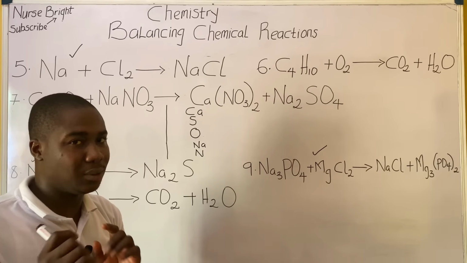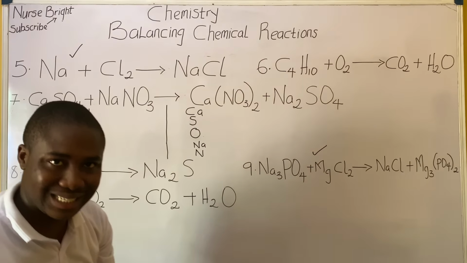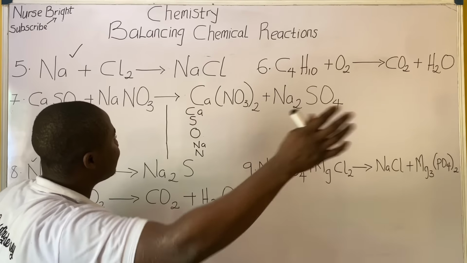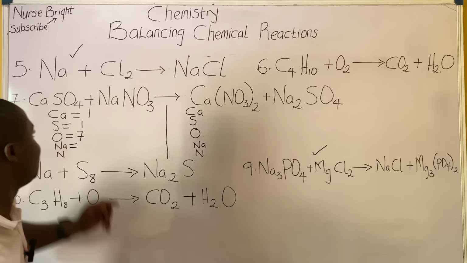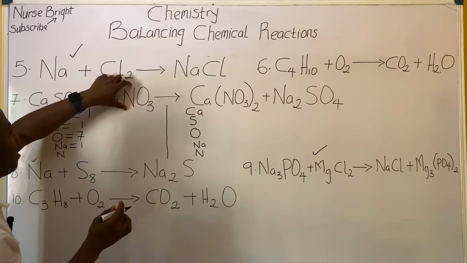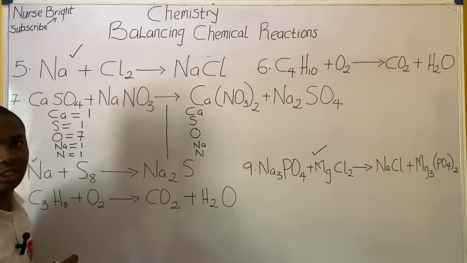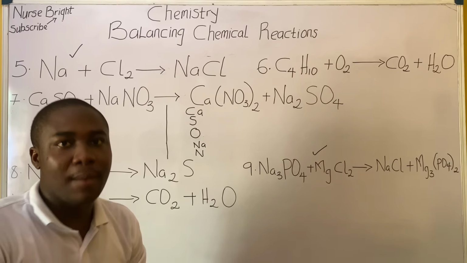I believe you understood how that 7 was gotten. Here is 4, here is 3. So plus them together, that's 7. So at the right, okay, we are not done. Let's quickly check for sodium. At the left as well, I'm having just 1 sodium. At the left as well, I'm having just 1 nitrogen. I believe you understand.